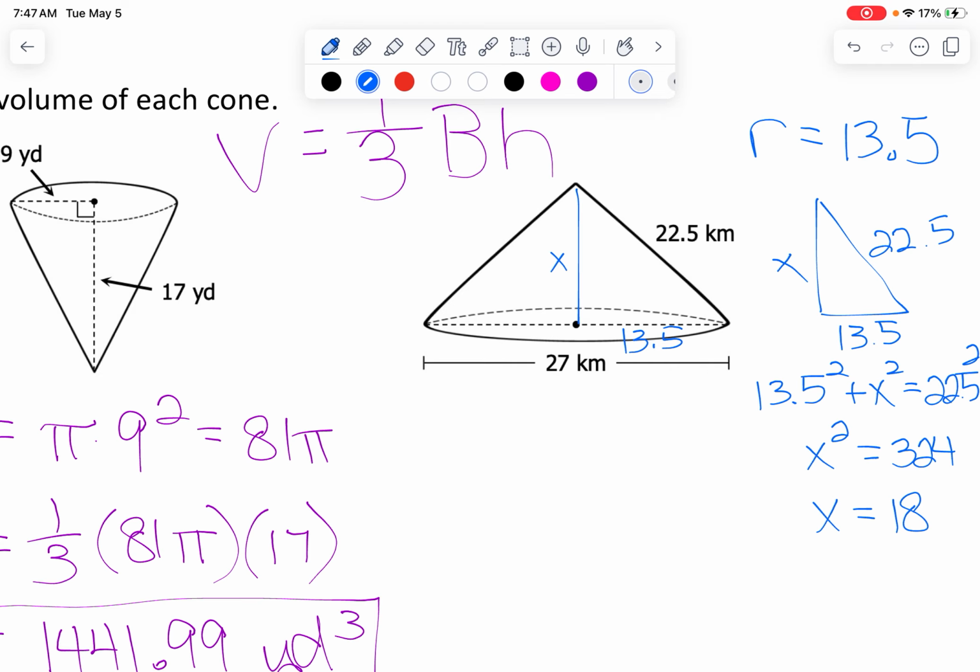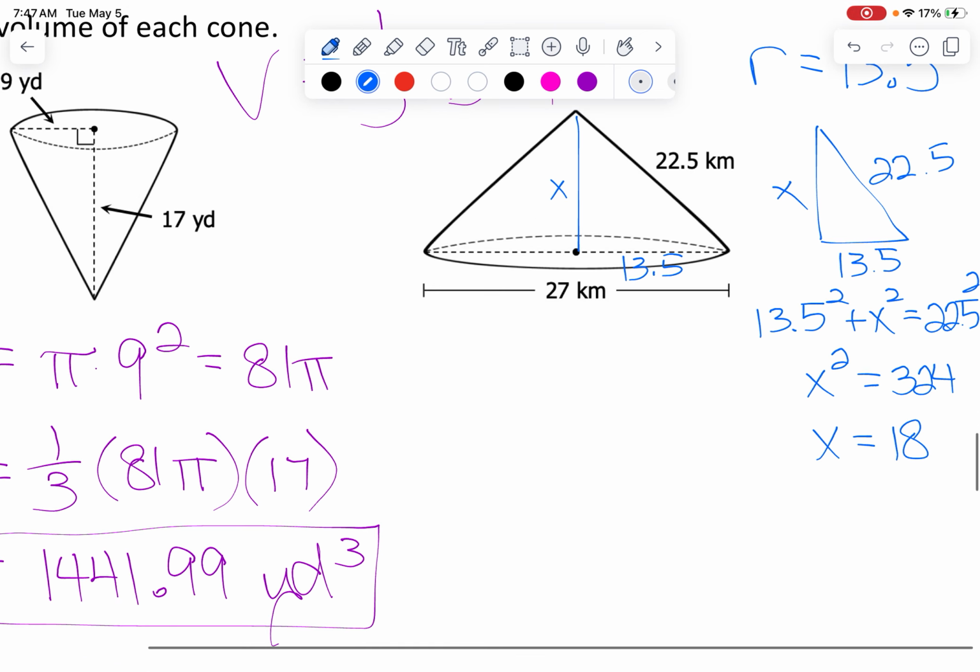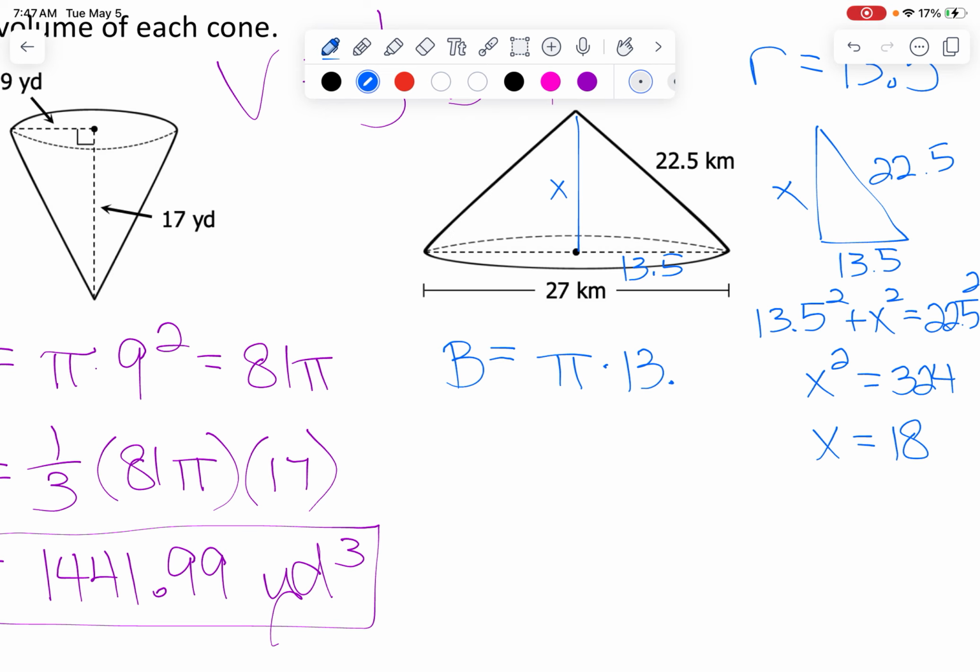All right, so now I think I have everything I need to go ahead and solve this. Let's do the base. Base is pi r squared, which is 182.25 pi.